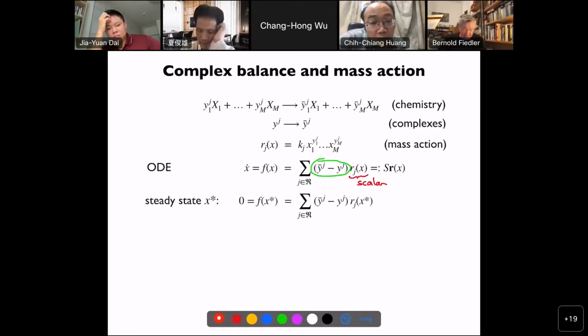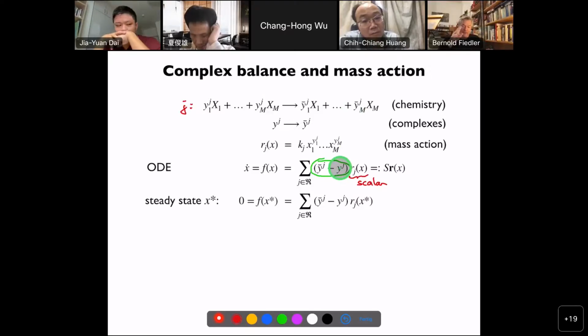So maybe we can write j here in front. This is the factor which tells us that Y bar j molecules are produced, the coefficients on the right, and Yj without the bar molecules are consumed for this reaction. So this gives us an ordinary differential equation. And from now on, we are in business.